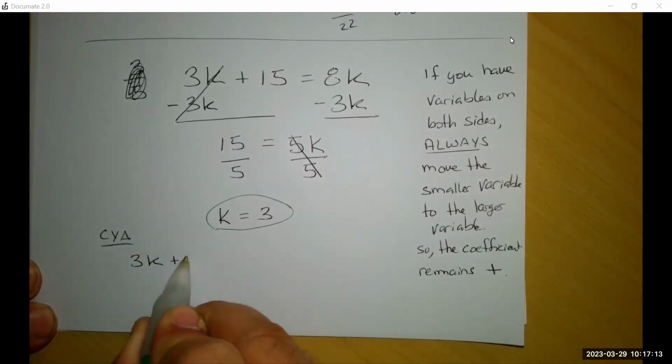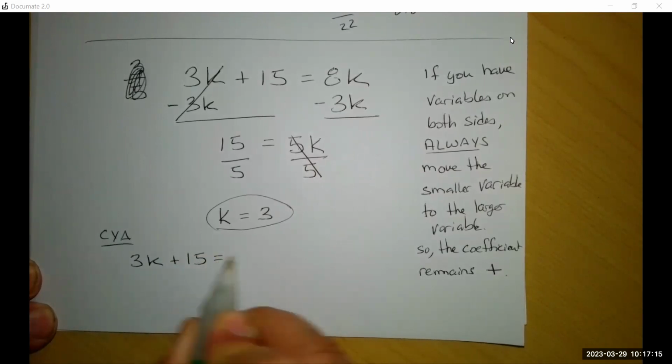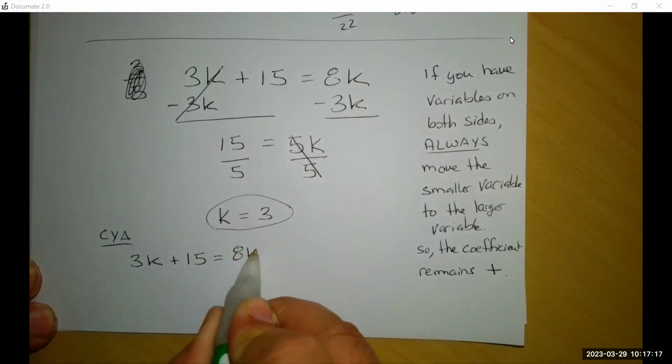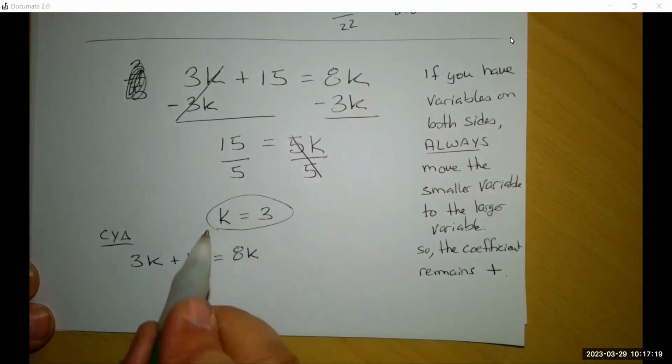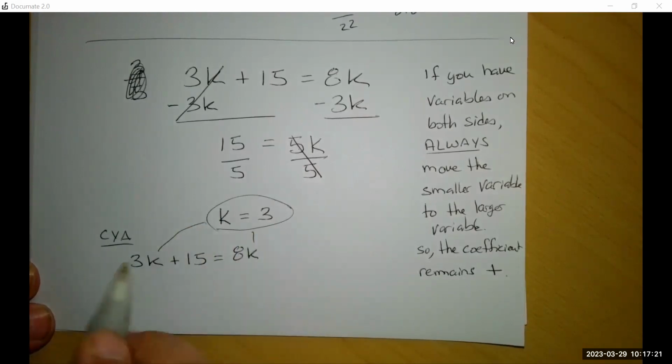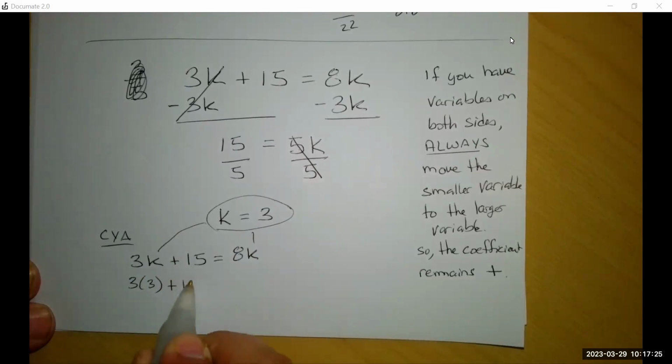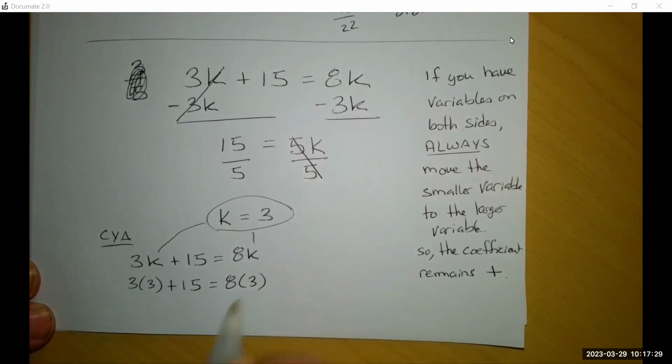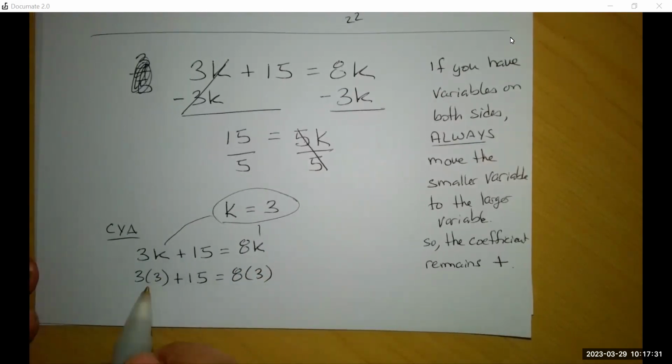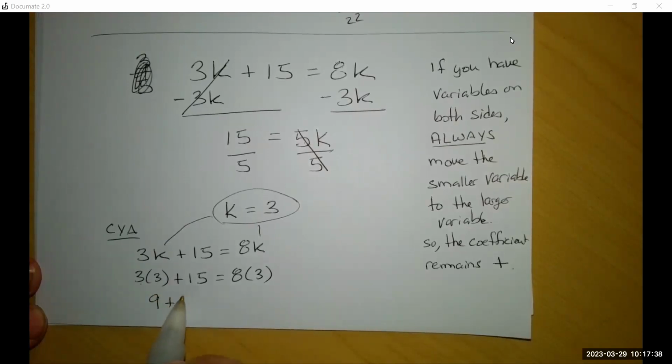And then CYA. Check your answer. Anywhere I see a K, I put a 3. 3 times 3 is 9.